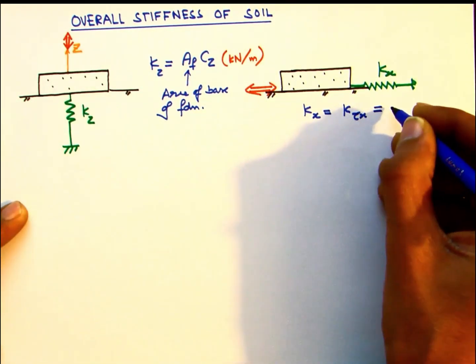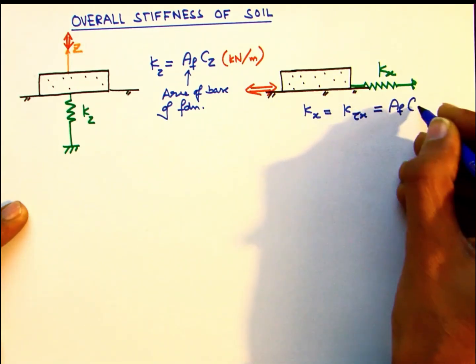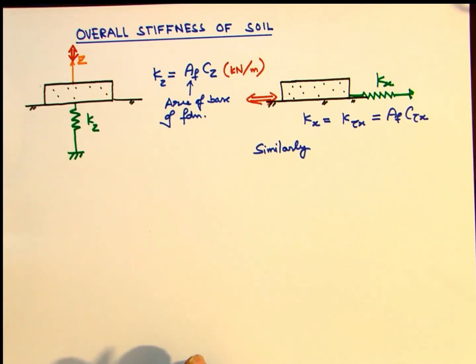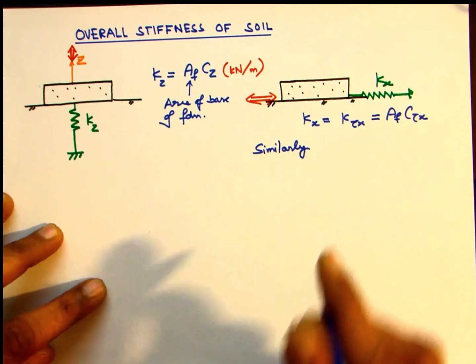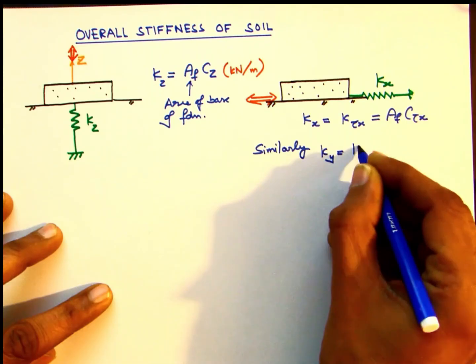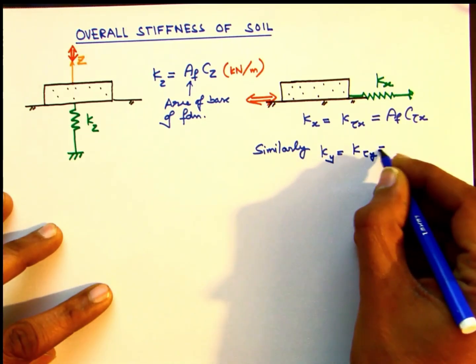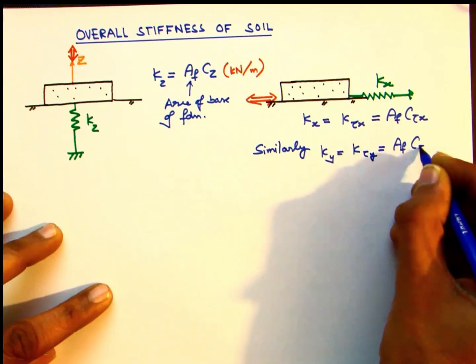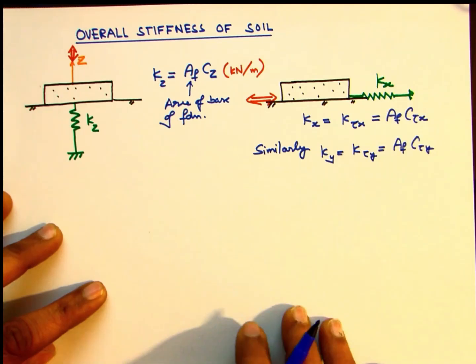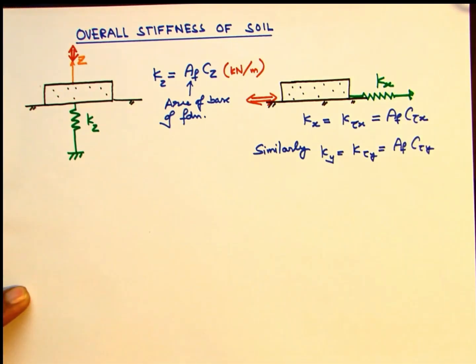Here, because this is acting in the x direction, we are giving it the symbol K tau x, and this is given by the product of the area of the base of the foundation with C tau x. Similarly, in the other direction, the horizontal vibrations can be considered in terms of the spring constant Ky acting in the y direction and given by the product of the area of the base with the corresponding coefficient of elastic uniform shear, C tau y.